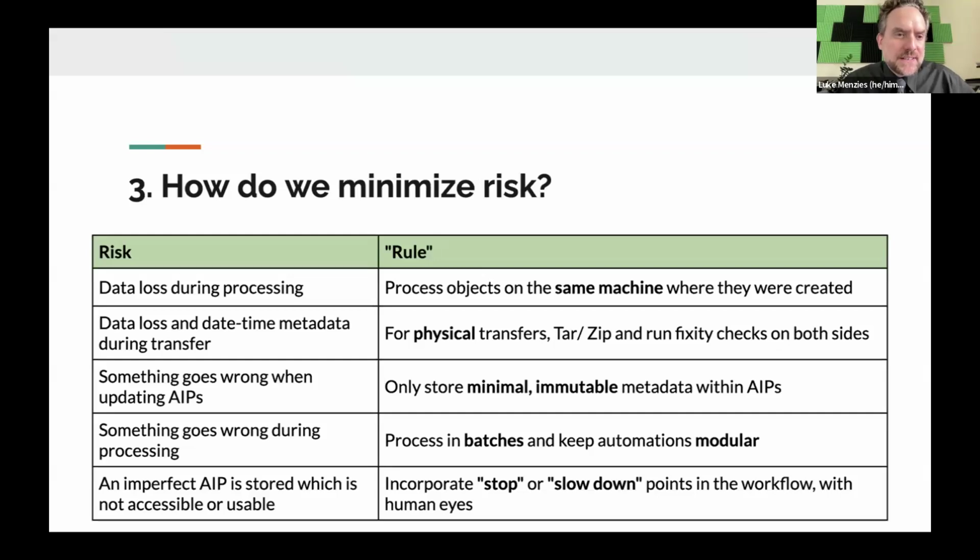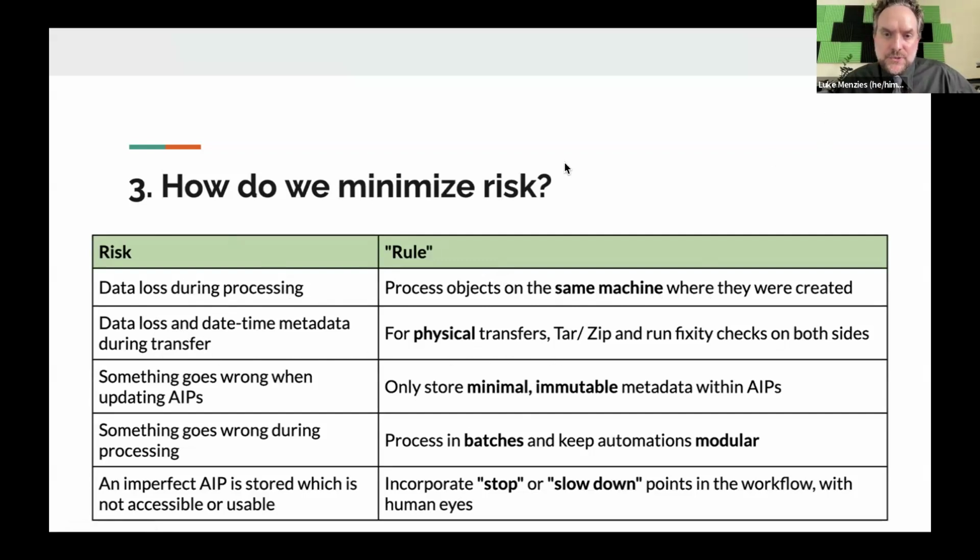As far as minimizing risk, this is just a little table that I threw together to explain some of the risks that we face. So the risk of data loss during processing, we process objects on the same machine where they were created as much as possible. The risk of data loss and date-time metadata being lost during transfer.